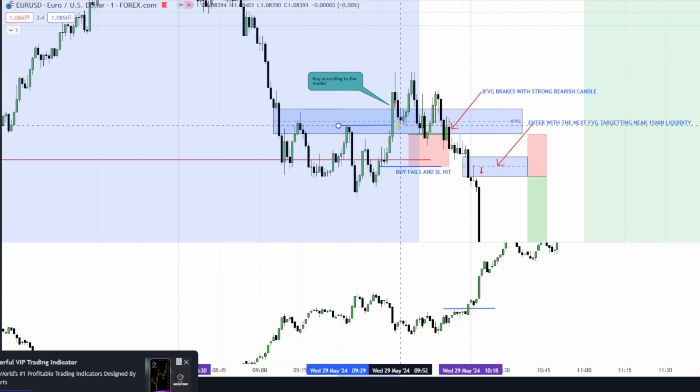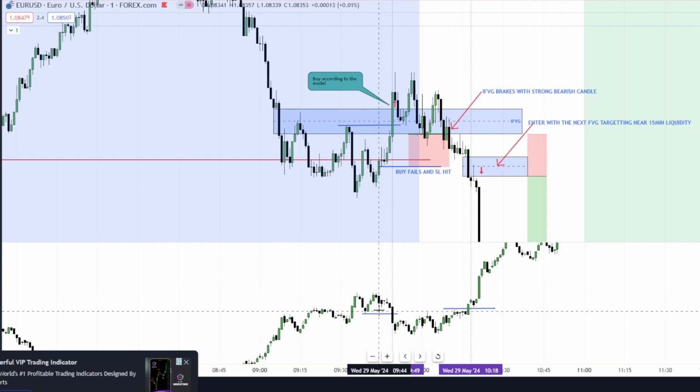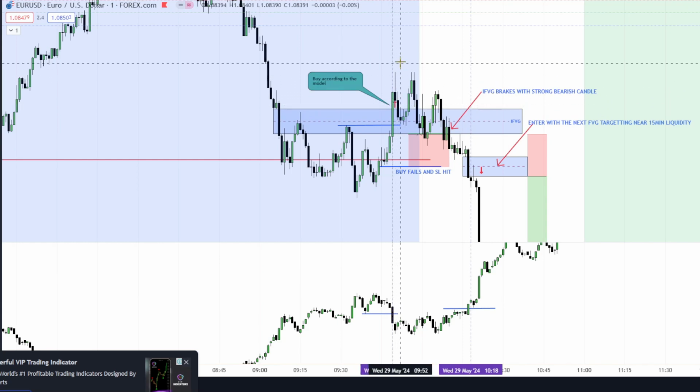Then at this time all our criteria are satisfied, and then we move into the DXY. In the DXY also, at the same time, a market structure shift occurs to the downside. So all our criteria are satisfied, and then we can take a trade for the upside, that is a long trade.